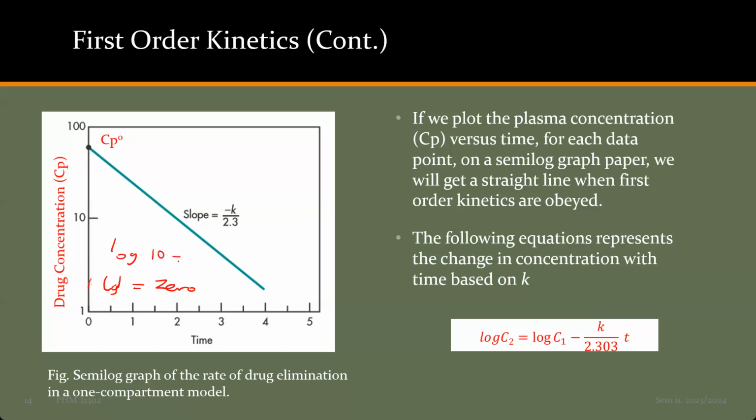Log 10 equals 1. Log 100 equals 2. So actually this is like 0, 1, and 2. So now it became logical. The distance between 0 and 1 is equal to the distance between 1 and 2.